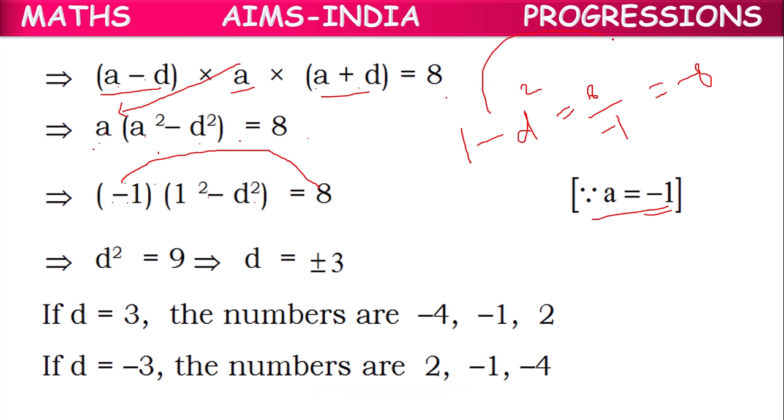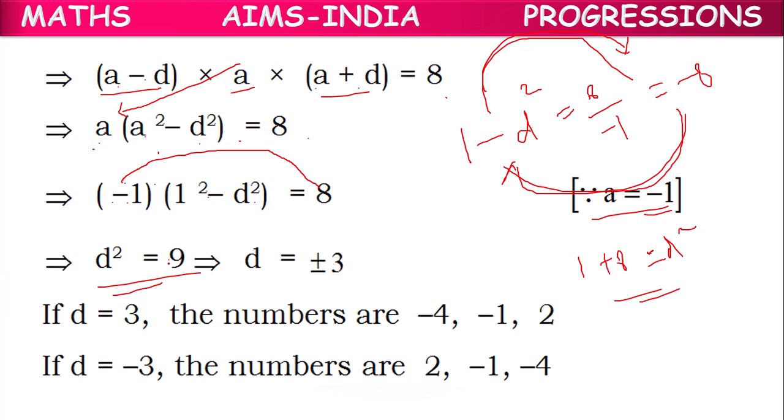Or d square will go this side, -8 will come this side. 1 plus 8 equals plus d square. -8 will become +8, minus d square will become plus d square, or d square equals 9, or 9 can be written as plus or minus 3 whole square. Square cancels, d value is plus or minus 3.